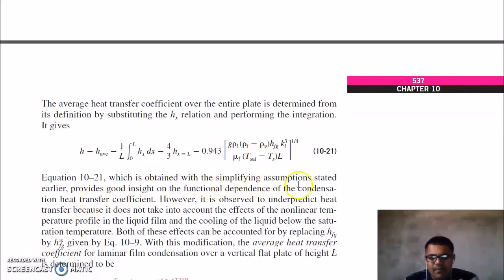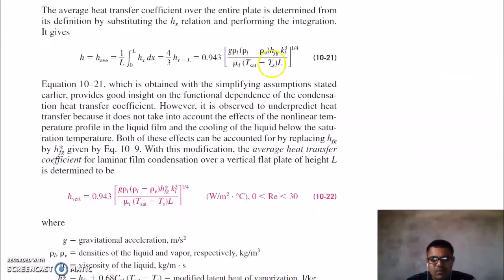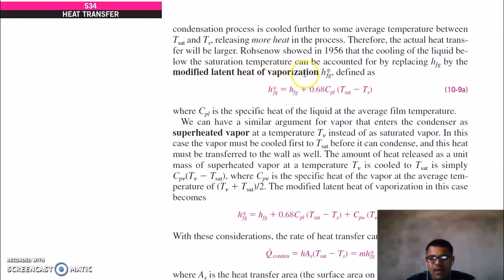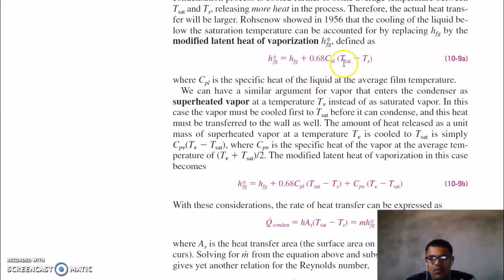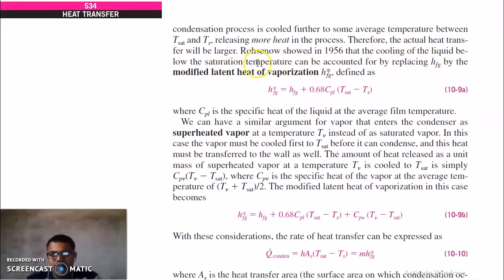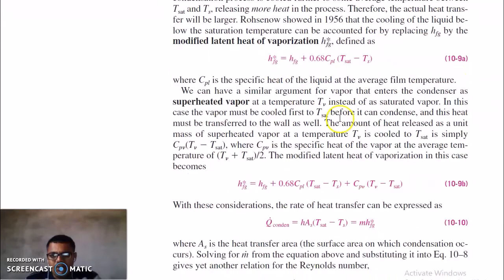which is obtained with the simplifying assumptions stated earlier, and provides good insight on the functional dependence of the condensation heat transfer coefficient. Now in this equation, if you replace this hfg by hfg star, which is your modified latent heat of vaporization, it will include the effect of cooling of the liquid below the saturation temperature, and also the effect of superheated vapor.